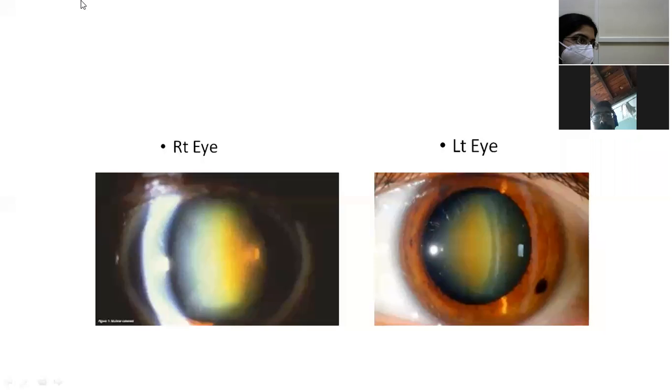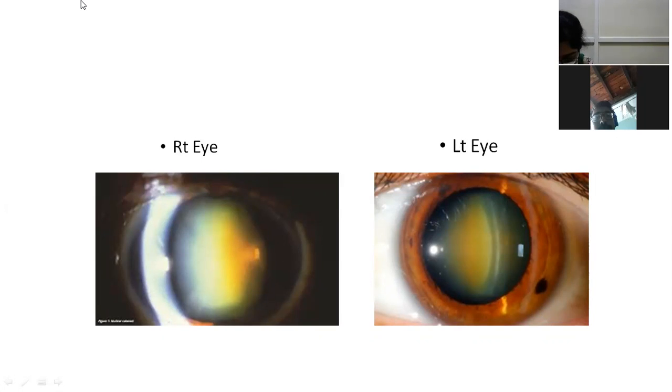Okay, what is the range now? 15 to 20 millimeters. There is a range for it. 16 plus or minus 2.5 millimeters of mercury. More than 21 is considered raised intraocular pressure, the cut-off.